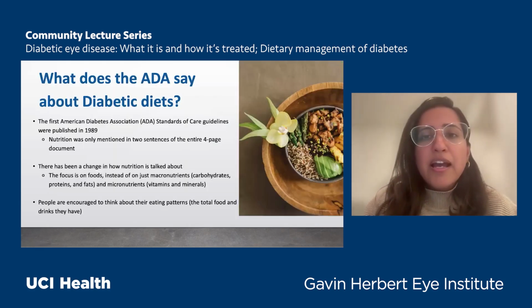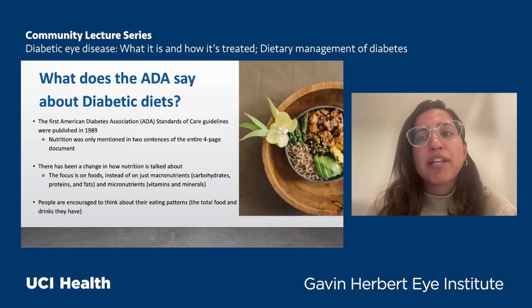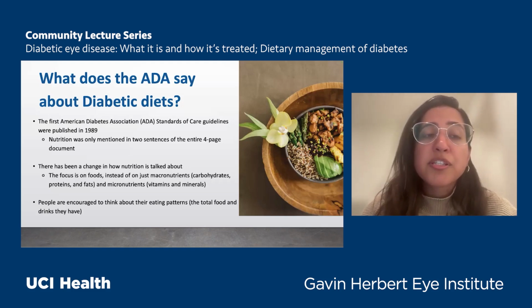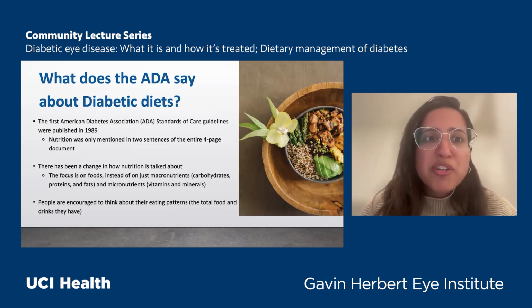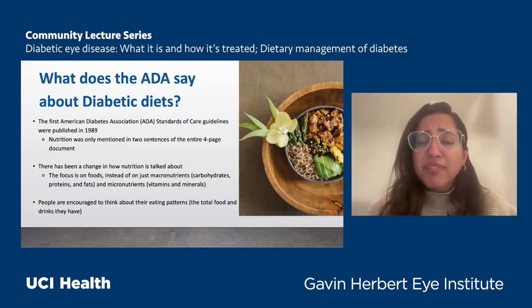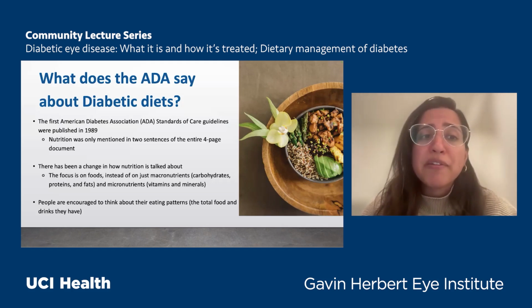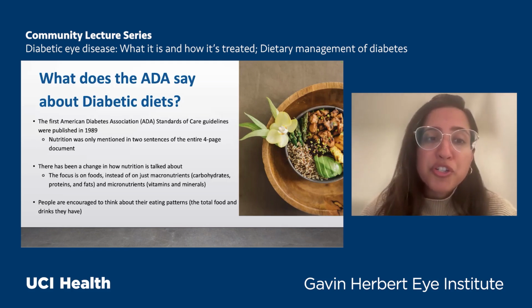The American Diabetes Association publishes a set of guidelines every year, and this is what most clinicians and doctors use to guide their management of diabetes. When the first American Diabetes Association guidelines came out in the 1980s, nutrition was only mentioned in a few sentences. Thankfully, we've come a long way. We've made a lot of changes in the way we talk about nutrition.